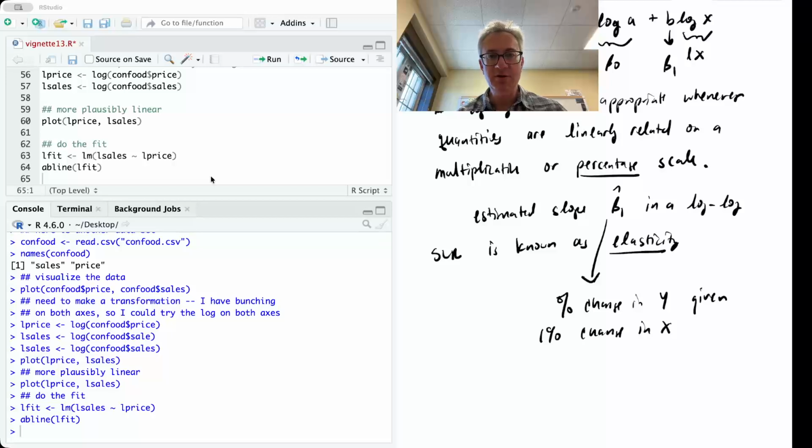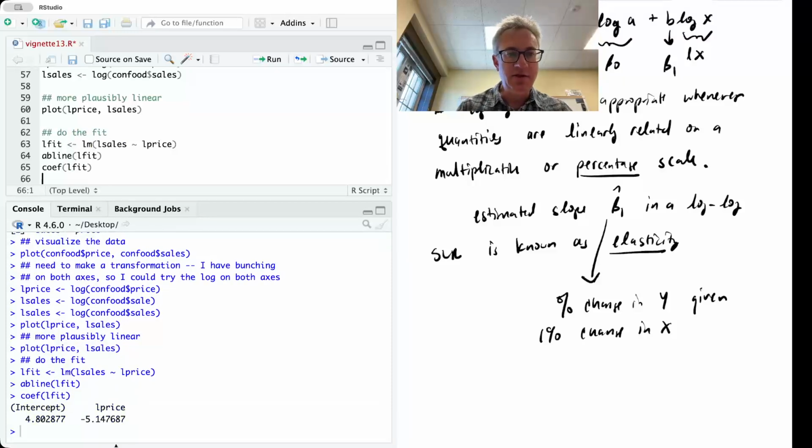scale of the data. So if I look back at my fit, and I just inspect the coefficients of that fit, I can see that the slope is like -5. So this tells me that for every 1% increase in price, I see a 5% decrease in sales, which totally makes sense.